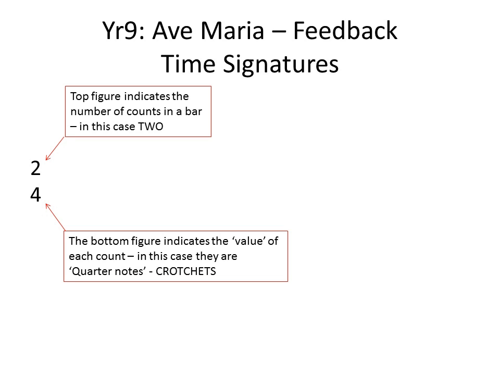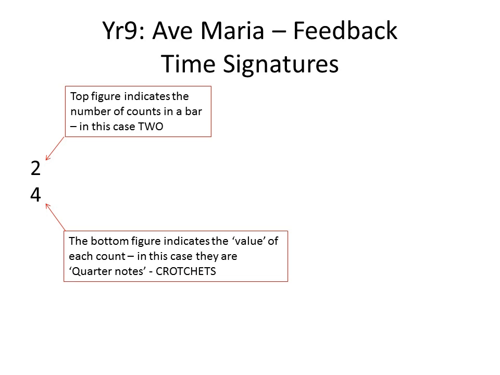Music requires a time signature at the beginning to tell the player how many beats are in a bar. Here we've got 2/4. The top figure indicates the number of counts in a bar. In this case, it's 2. The bottom figure indicates the value of each count. Now, in this case, they're quarter notes. Imagine the fraction 1/4.